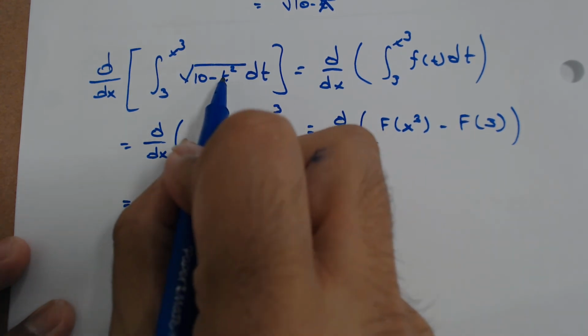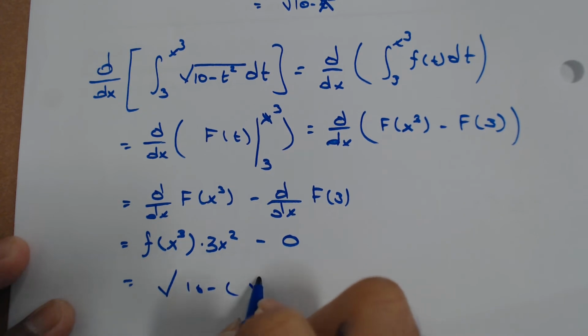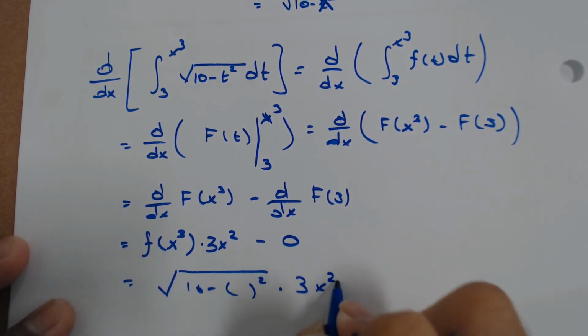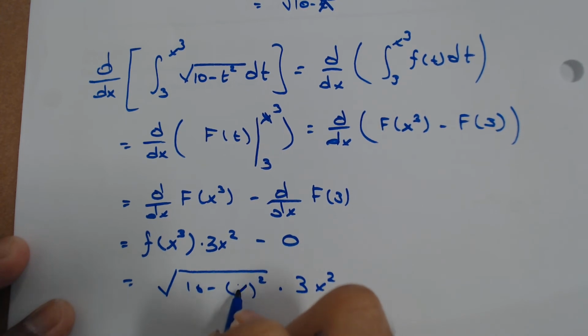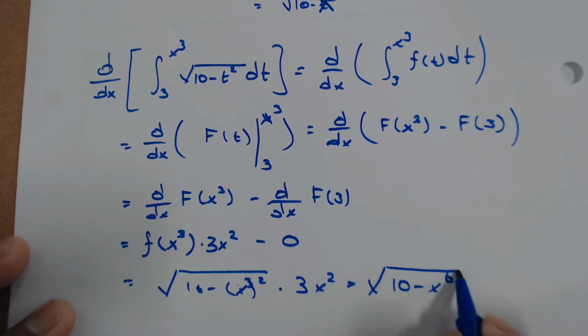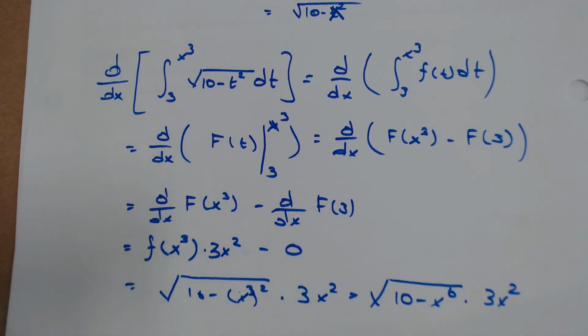So this is x cubed, and that's going to be the square root of 10 minus x to the 6th power times 3x squared. So it's a whole different result, but essentially the same process with a little twist in here: we need that mini chain rule part.